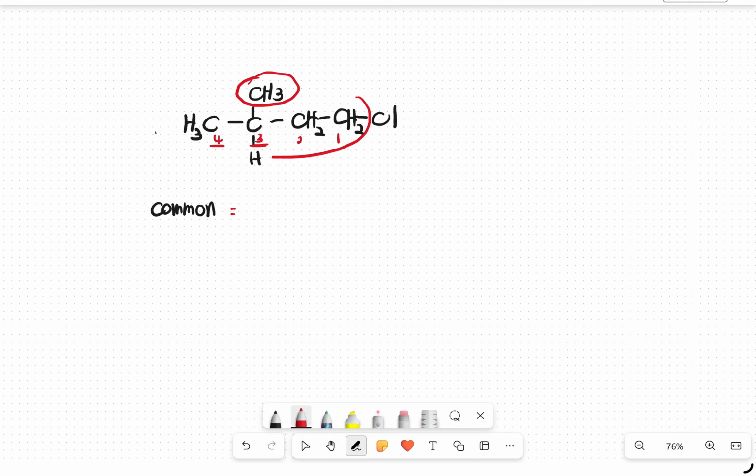Now we want to identify how many carbon are on this R group attached. 1, so definitely this is iso, but now we count the number of carbon. 1, 2, 3, 4, 5. 5 means pentyl. So isopentyl. That's it. That is how you identify the iso. Remember the rules? Second last carbon has a substituent, an alkyl group attached. So isopentyl chloride. That is how you identify the iso.